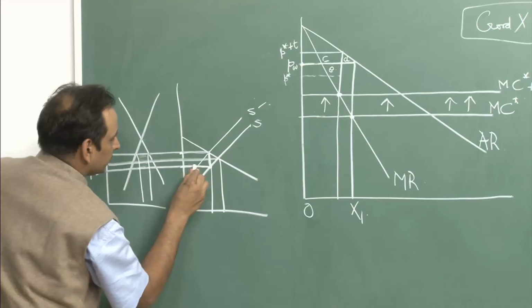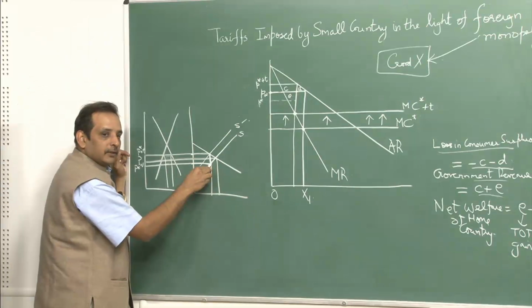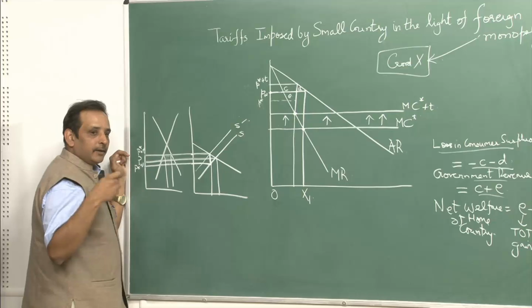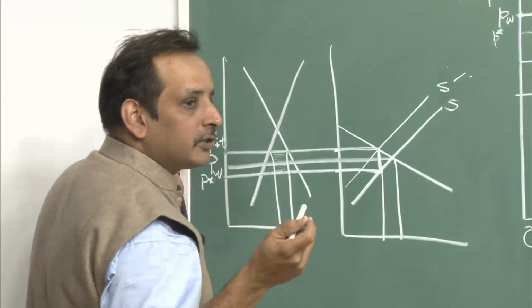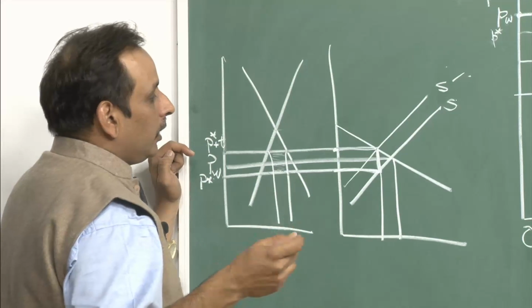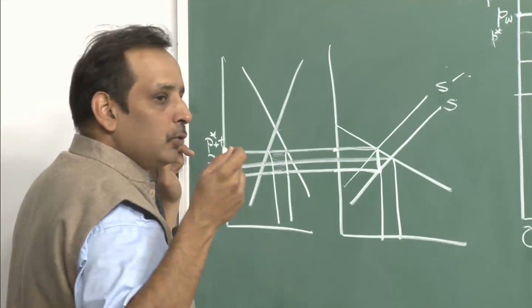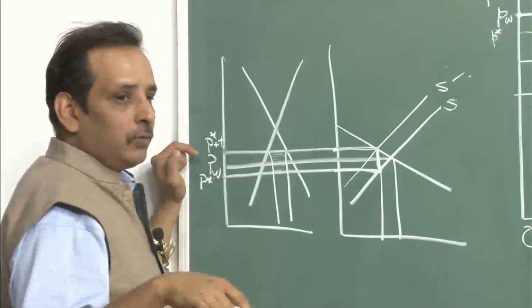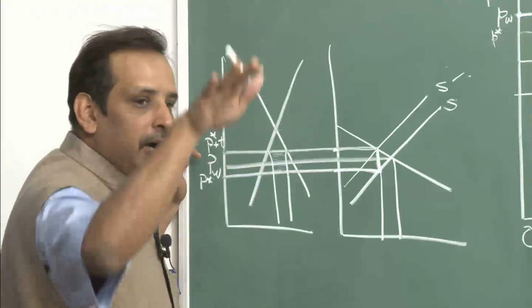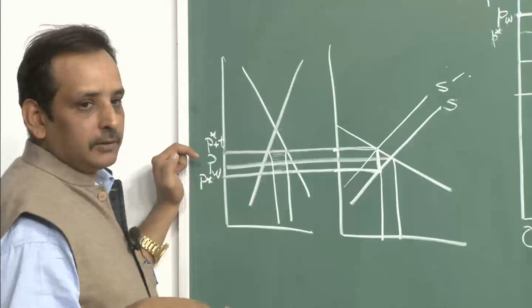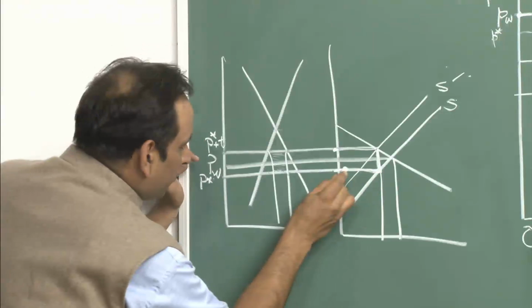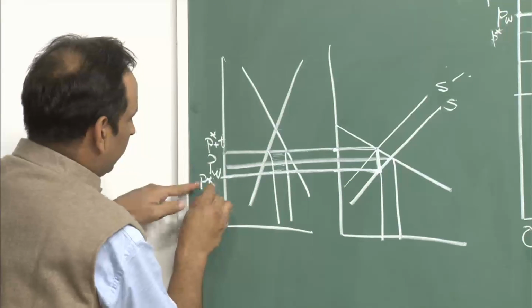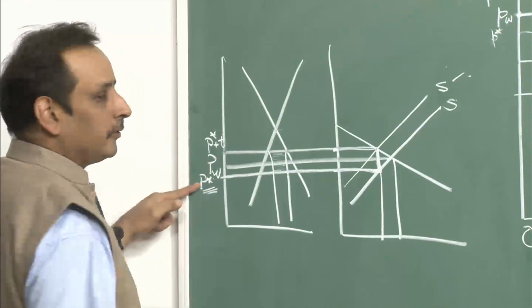Or in other words, when a home country imposes tariffs, they see that their exports are going down, and the only way to enter the market is by reducing the prices. So, that is the price that they will charge. This is P star.